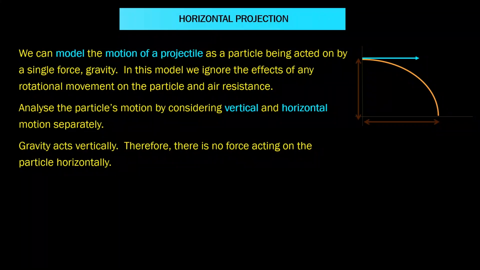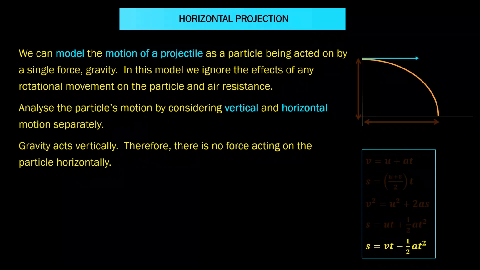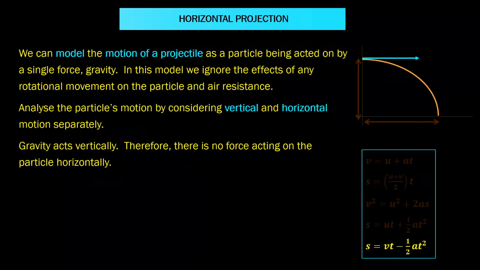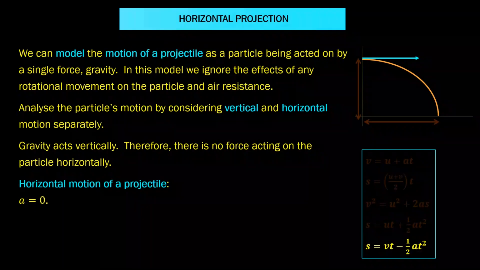Notice that gravity acts vertically, therefore there is no force acting on the particle horizontally. When we consider horizontal motion, we're going to in particular use this equation of motion which has been highlighted for our calculations.